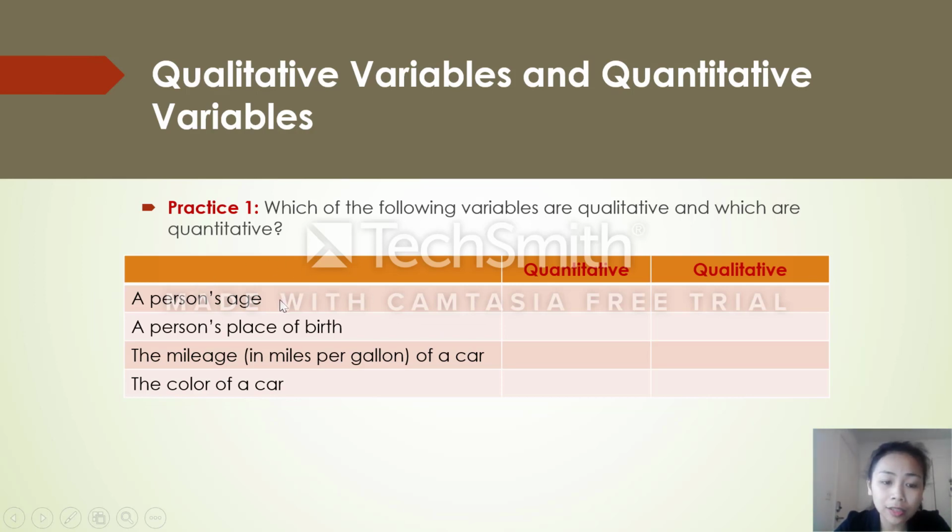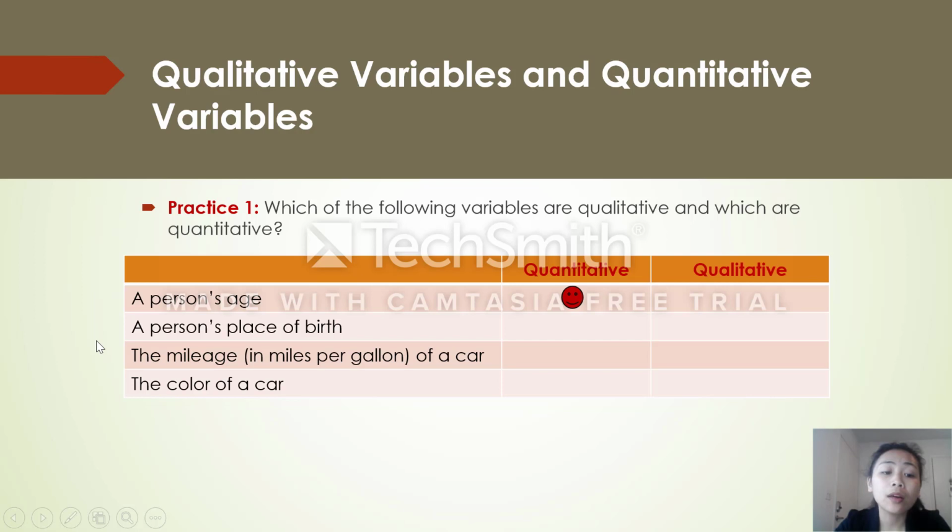A person's age can be either 56 years old, 45 years old, 1 year old, or 100 years old. Those values are numbers, so this is an example of quantitative or numerical variables.